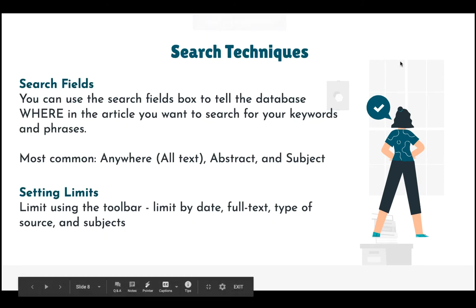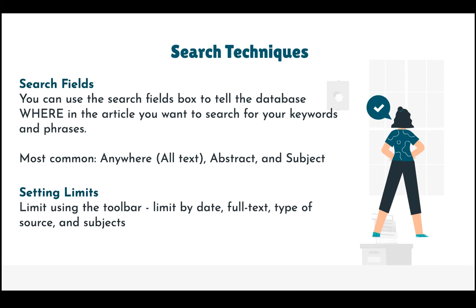We can also use the search fields in the databases. So remember, the databases have those drop-down menus where you can tell the database where in the article you want to search for the keywords that we put in the keyword box. So this is handy because you can tell the database that if you want to search everywhere in the article, or you can tell the database that you just want to search in the abstract of the article. And each article provides you with an abstract, which is the summary of the article.